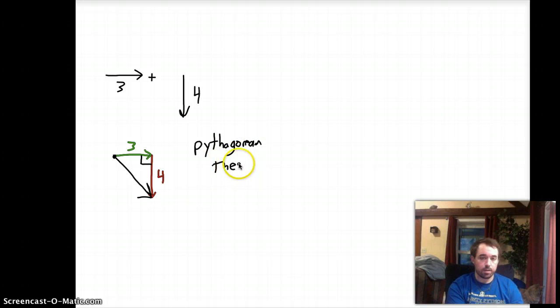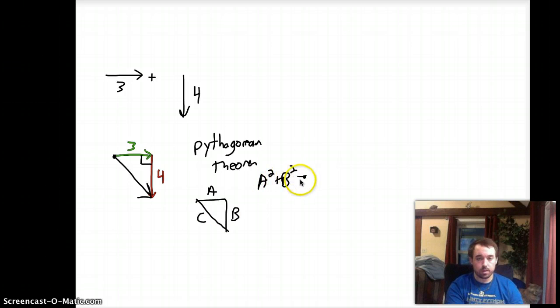And the Pythagorean theorem for a right triangle of sides A, B, and C, which is what we have, says that A squared plus B squared equals C squared. So we're looking for C squared.